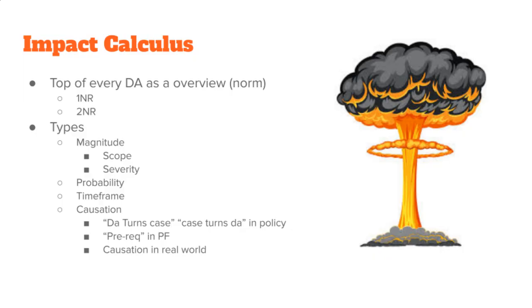And so causation is super important because let's say Team B says, my impact is 1 billion people. Pretty big, right? Team A, their impact is only 10 people. So it seems like B is winning, right?